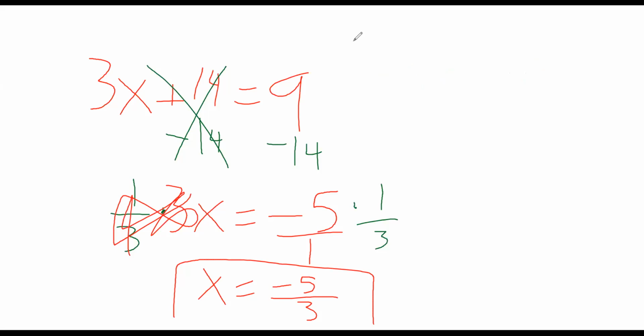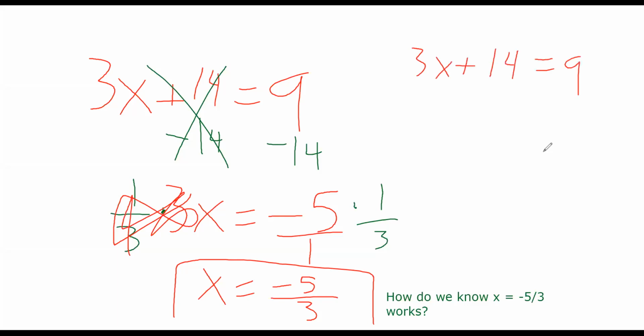So that's how we solve equations. You've probably seen something like that before. How do we know that negative 5/3 works? Exactly. Go back all the way to your original equation, which was 3x plus 14 equals 9.